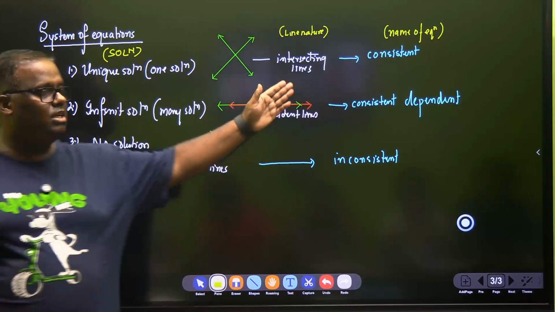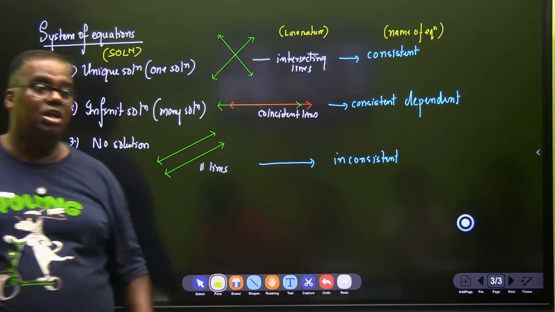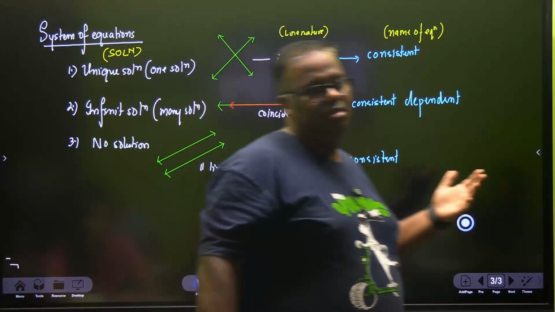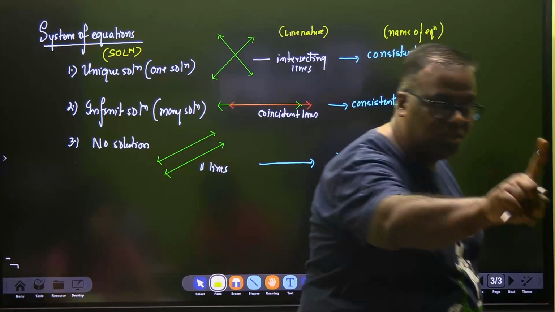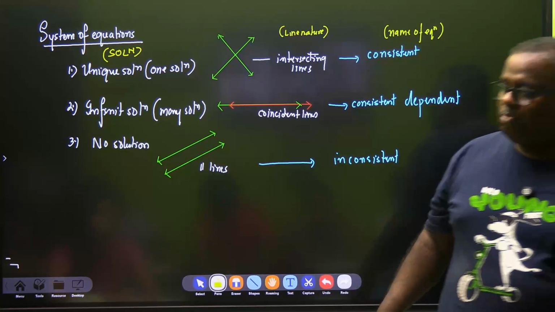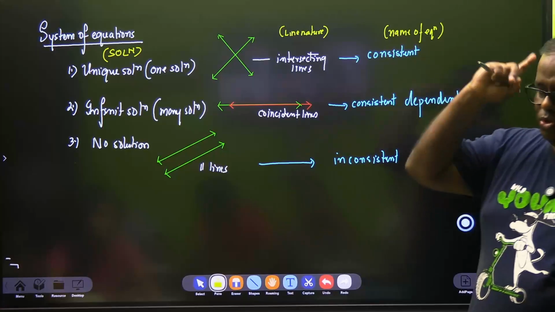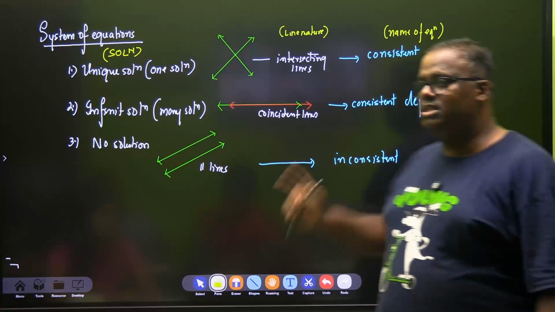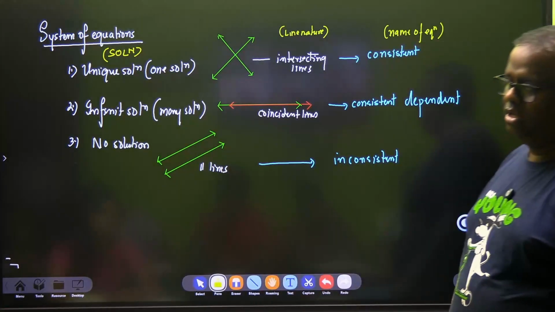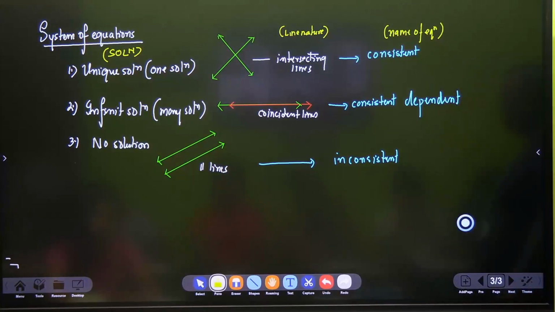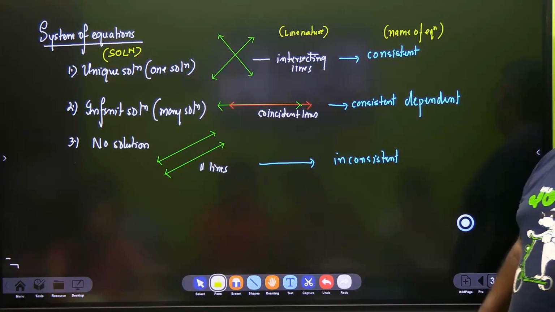This is consistent, consistent dependent. We don't call it independent. Consistent means unique solution, intersecting lines, crisscross. One solution. Consistent dependent means overlapping lines, coincident lines, many solutions. And inconsistent means no solution, parallel lines. क्या इतना आपको समझ में आया? Very good.